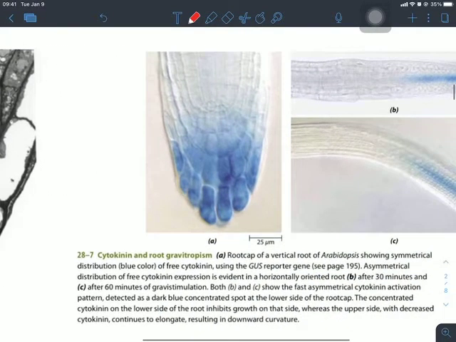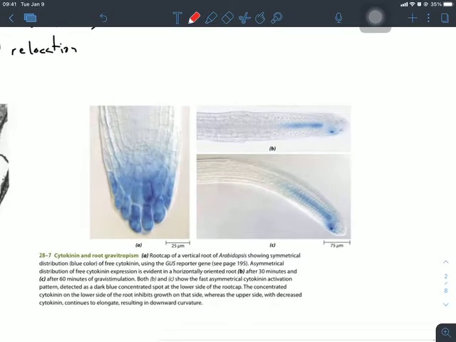We also have done other experiments showing how root growth and directionality changes gene expression and therefore the presence of hormones like cytokinins. Remember, cytokinins are your hormones that are instigating cell division. Now, with cytokinins, we can actually have a dye that's a reporter for how much cytokinins are present in different areas.